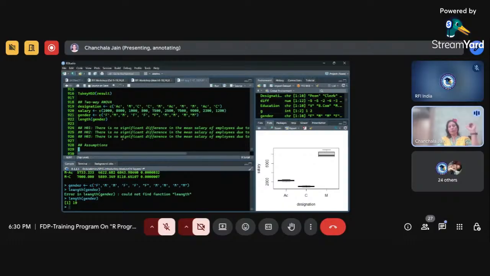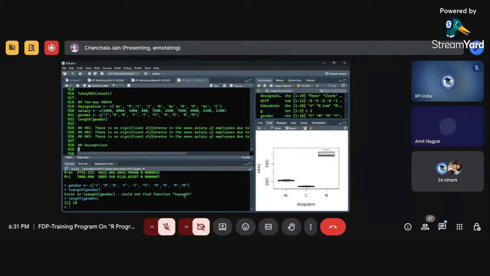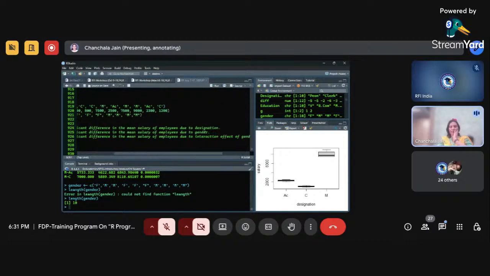Individually designation is not making difference in the salary. And when you are combining designation and gender both, then it is not making difference in the salary. Clear? So out of 3, first 2 are looking for the main effect because these are the single effect we are looking at. So this is the individual effect.